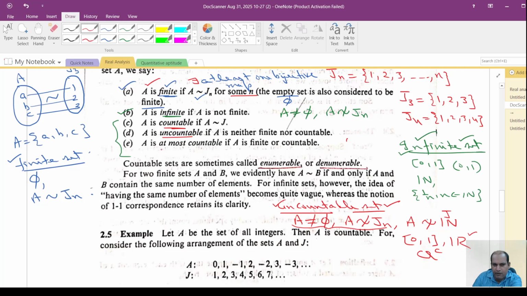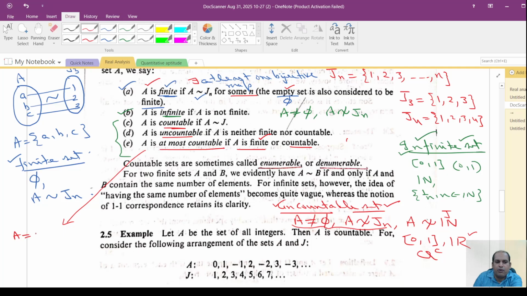Now the remaining one is at most countable. At most countable means A is finite or countable. So within at most countable we have all those sets which are finite. Recall the definition of finite: finite means either it is the empty set or it is similar to Jn.